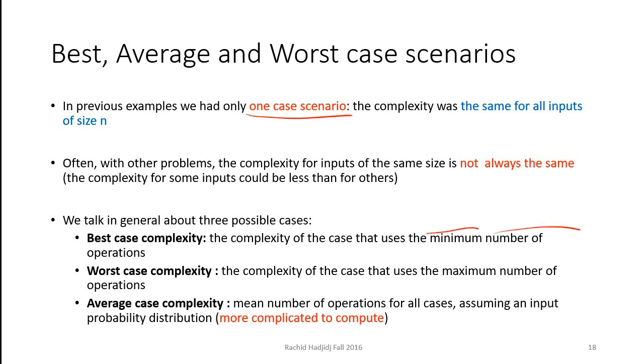The worst case complexity is the complexity for the case which requires the maximum number of operations. And the average case complexity is the average of all possible complexities. This average case complexity sometimes is complicated to compute. Why? Because you need to know the probability distribution of your input. In the next slide, we're going to be illustrating this with an example.